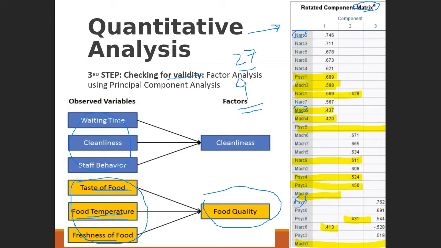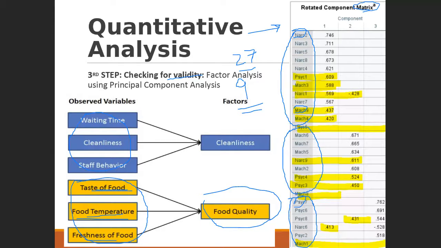For our factor analysis to be valid, we need to be sure that all questions measuring narcissism must group separately. All 9 questions measuring Machiavellianism must group separately. All the questions measuring psychopathy must group separately.